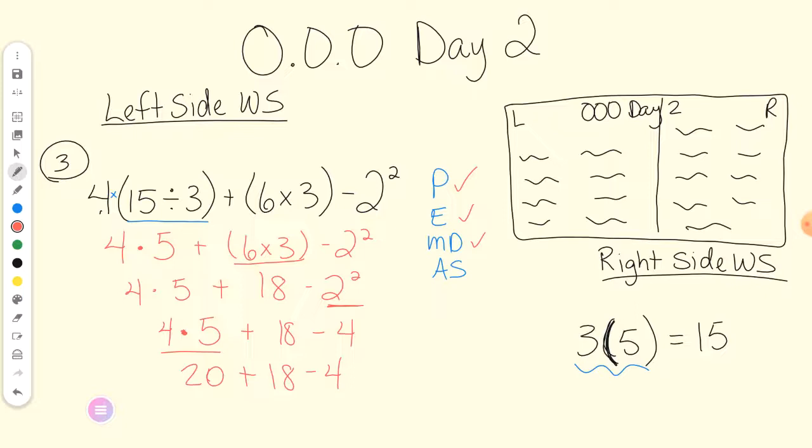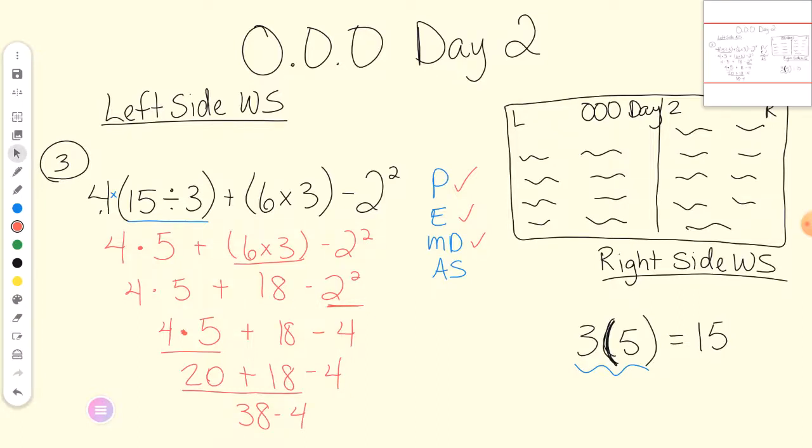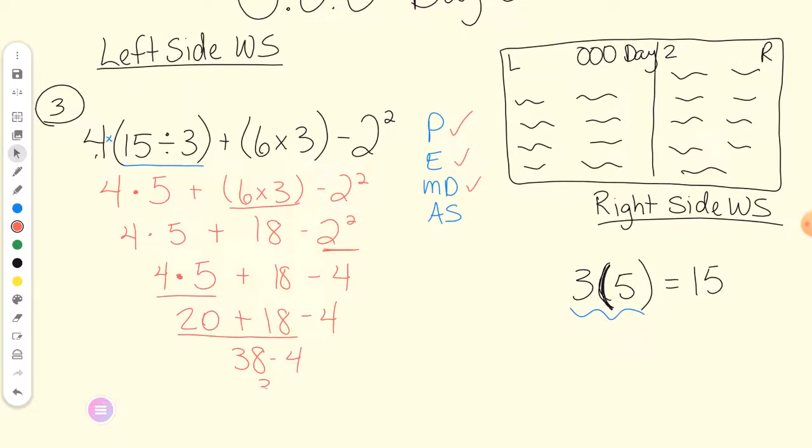Add and subtract from what, Caleb? Left to right. So let's start on the left, Grayson. What's 20 plus 18? 38. And we do that first because it's on the left. 38 minus 4 is what? 34. I'm going to bring this down. 34. And then we have our giant upside down triangle.